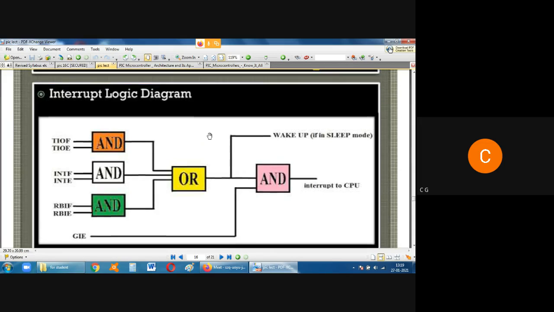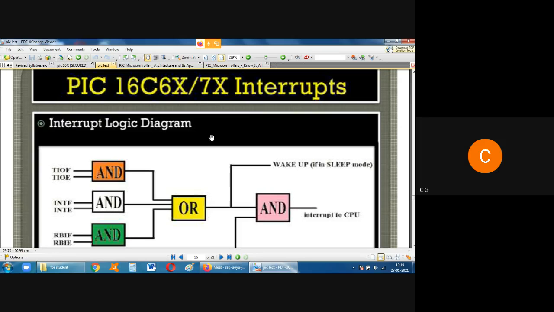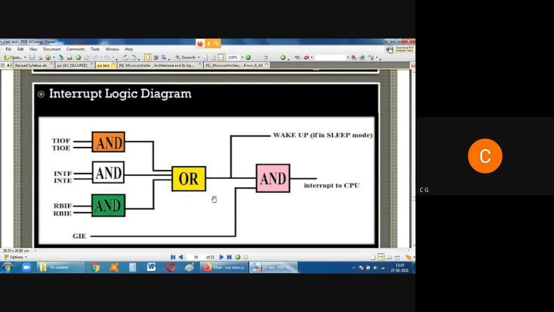Initially these are very difficult jobs: how I'm going to control the steering, how I'm going to pedal, how I'm going to control the brake and clutch. But in 10-15 days all the difficulties go away, and then you can run these devices very easily. Same way, you have to sit for 10-15 days to understand.